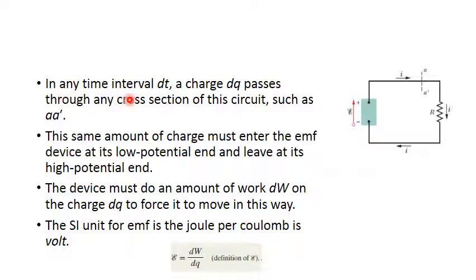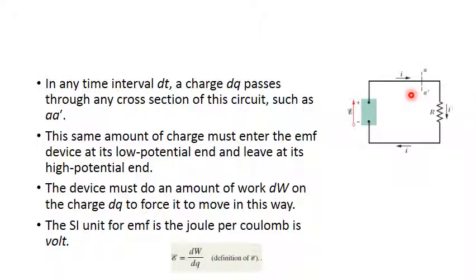At any time interval delta t, the charge delta q passes through any cross section. Assume that we have this cross section AA dash, for example. So in delta t, delta q passes through it, and delta q over delta t is this current I.